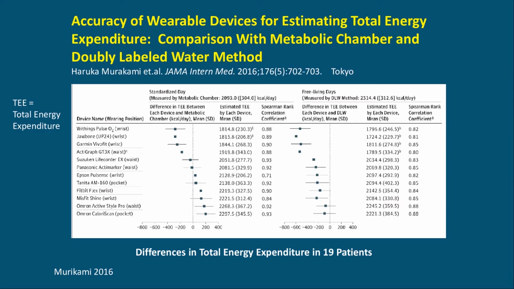They're pretty much all over the map, with several of the wearable devices that are better than others in terms of either under-predicting or over-predicting energy expenditure with the double label water method, which is the sort of bottom line when you look at elimination rates of deuterium and oxygen 18, which may sound complex, but that's the gold standard for measuring energy expenditure over a given period of time. Anyway, they're not very accurate measuring.